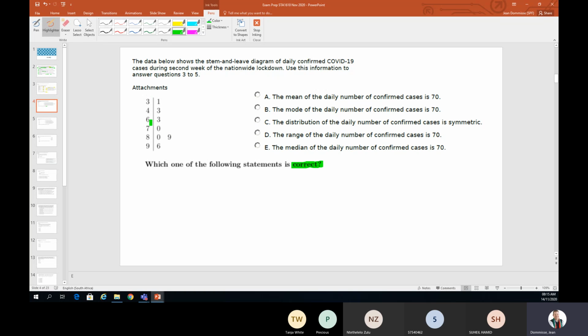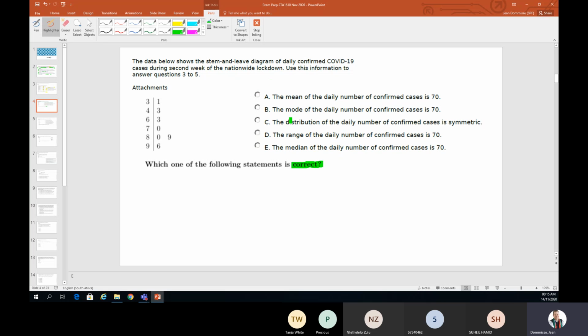Okay, so here we have the stem and leaf. They tell us the data below shows a stem and leaf diagram of daily confirmed cases during the second week of national lockdown. Use the information to answer questions 3 to 5. Okay. The mean of a daily number of confirmed cases is 70.